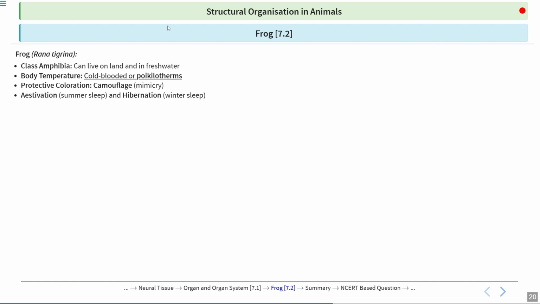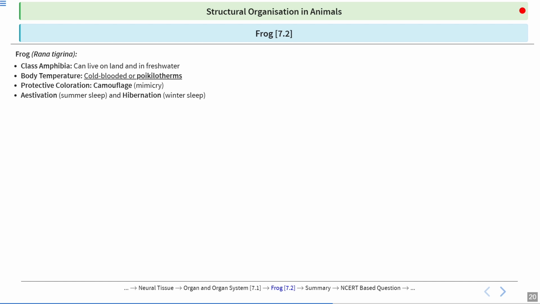And why are they not active at the time of estivation and hibernation? There are two or three reasons. The first is that the availability of water is very low, and their reproduction depends on water because there is external fertilization, and that happens in water only. The second thing is food availability.